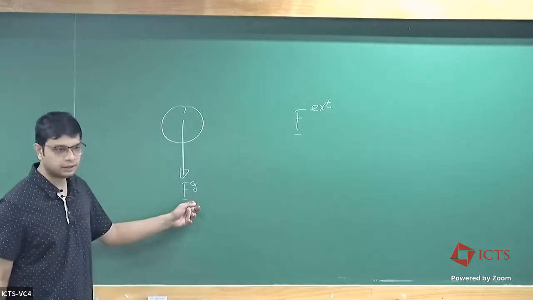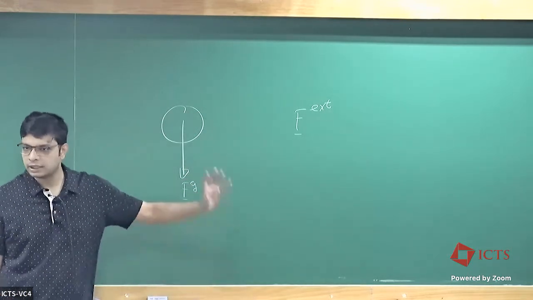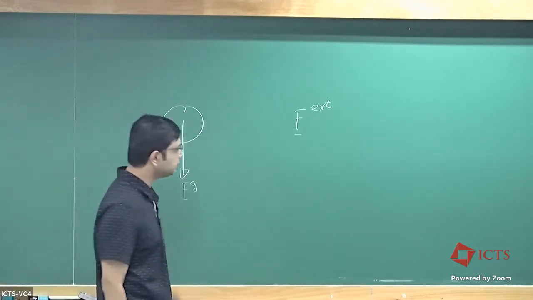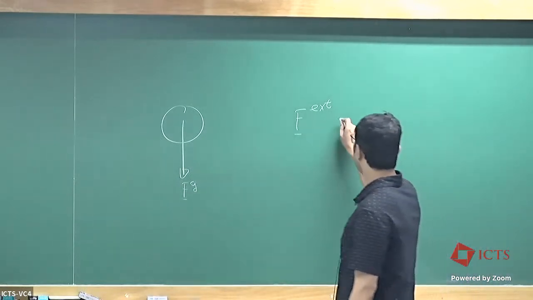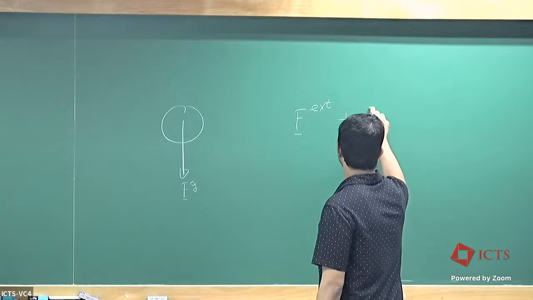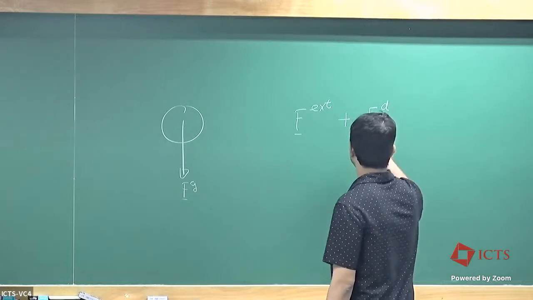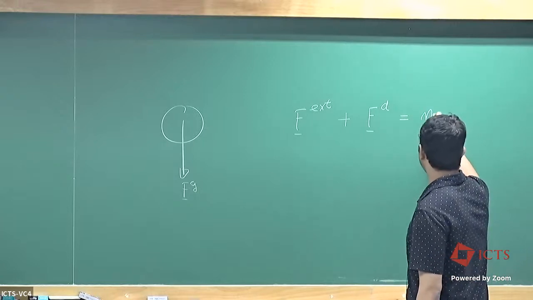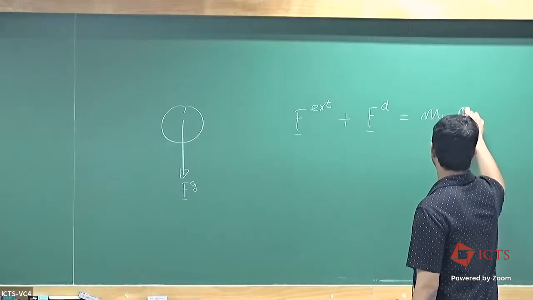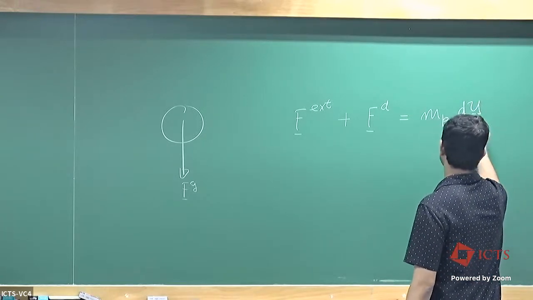In this case, it's gravity. If it's a charged sphere, you apply an electric field, it could be some other forces. But this is some external force that's driving the sphere. And then there are drag forces coming from the fluid. And this is equal to the mass of the particle times its acceleration.